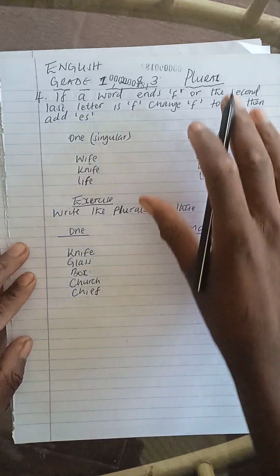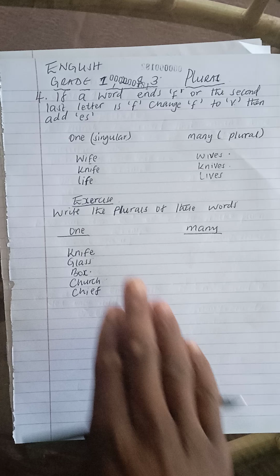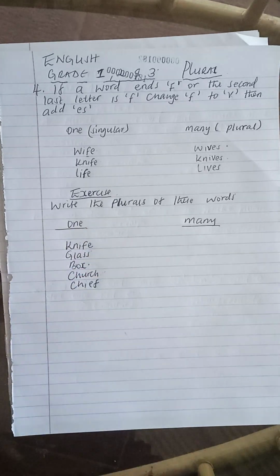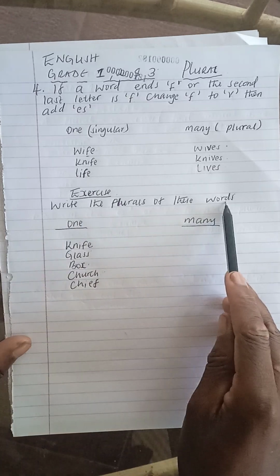Now, this is the end of our lesson. But down here, we have an exercise that I want you to try. We have already tackled some of them. So you go and look and do what is supposed to be done. Exercise: write the plural of these words.